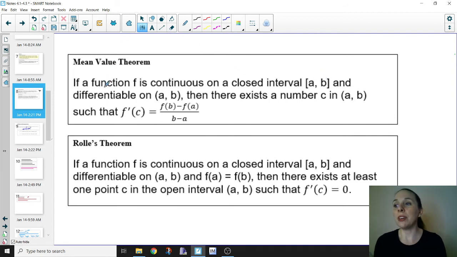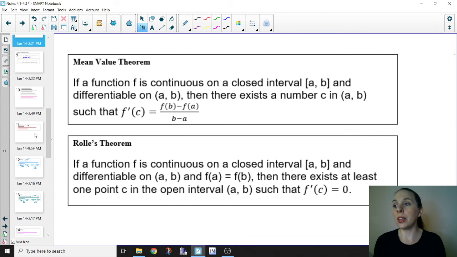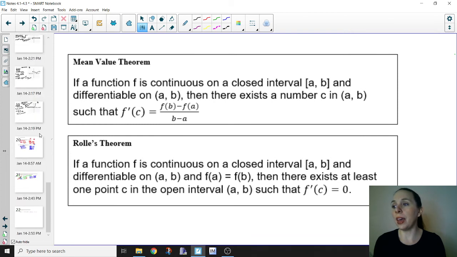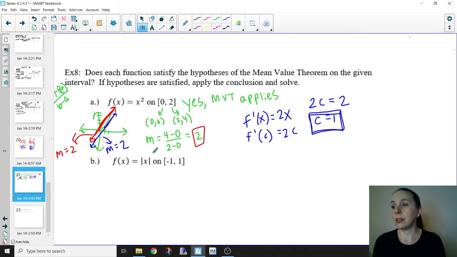But the mean value theorem also says that the function has to be differentiable everywhere inside of that interval. Think about the absolute value of x. It is not differentiable where? It's a corner, right? It has two lines that come together at x equals 0.